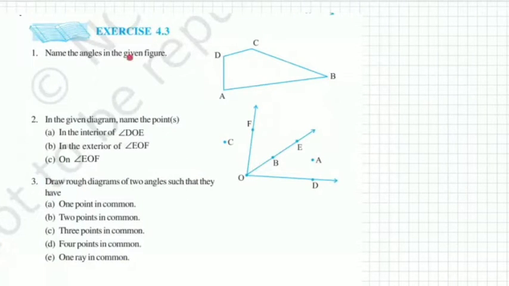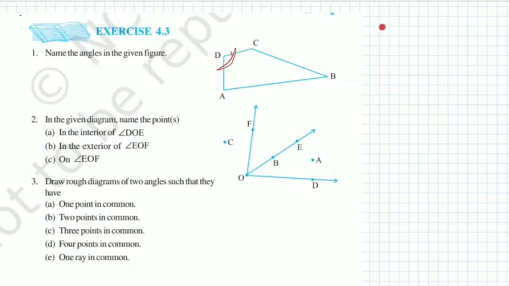We are moving on to exercise 4.3. Name the angles in the given figure. So this is the figure. How will you name the angles? This angle, that is angle D actually. So D should be in the middle.